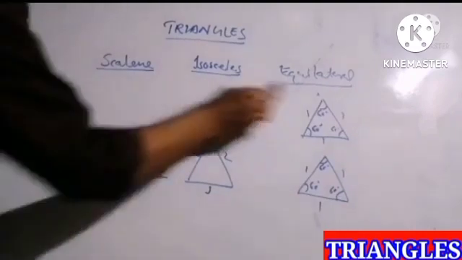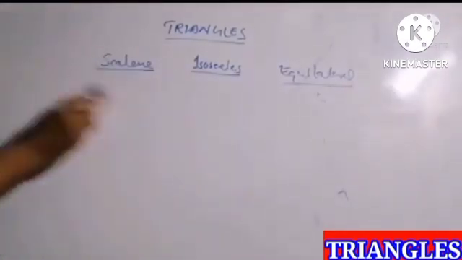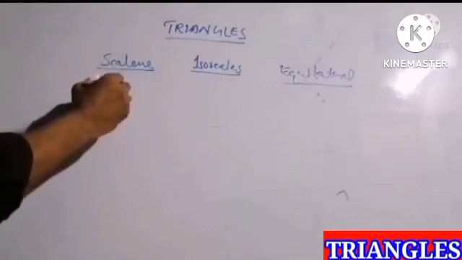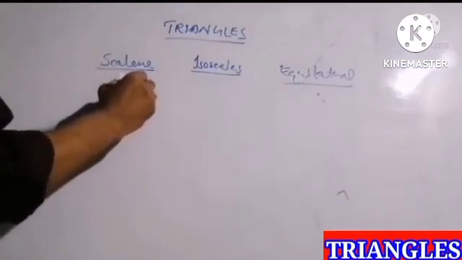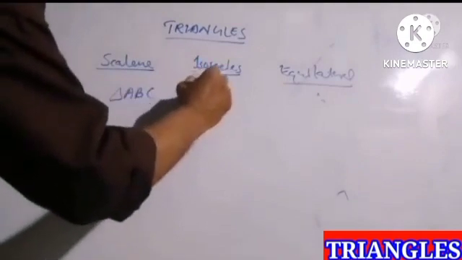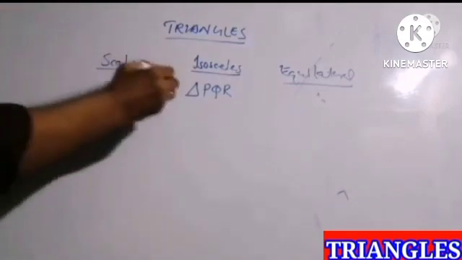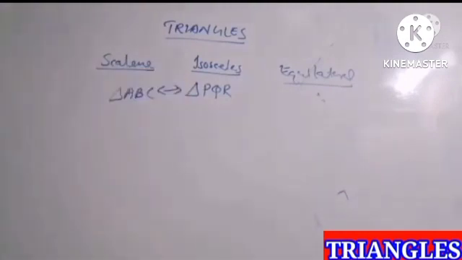And next, to be congruent, there are some correspondences between two triangles. For example, consider triangle ABC and triangle PQR, two triangles. Suppose they are congruent. In how many ways can they be congruent? Each way is called a correspondence between the triangles.